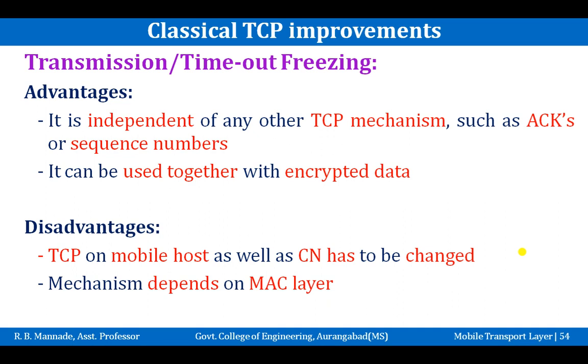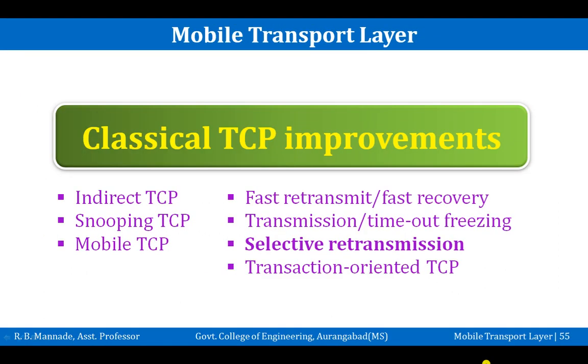The mechanism also depends on the MAC layer, right? So for successful operation, this transmission or timeout freezing mechanism is totally dependent on the MAC layer. So these were the disadvantages of transmission and timeout freezing.